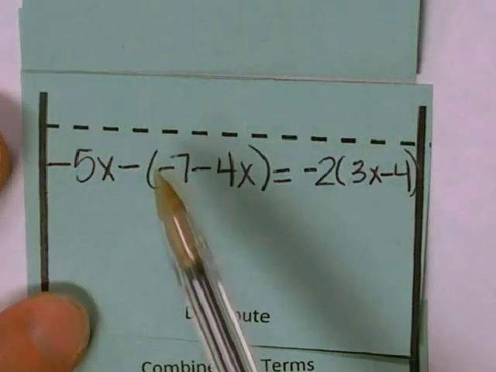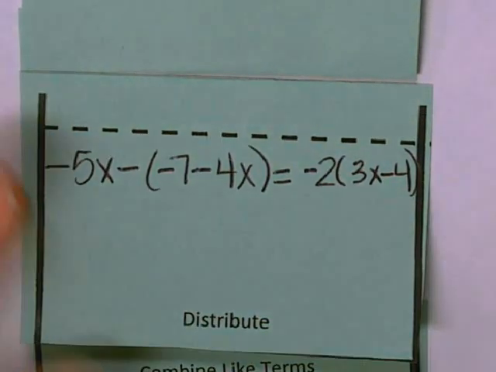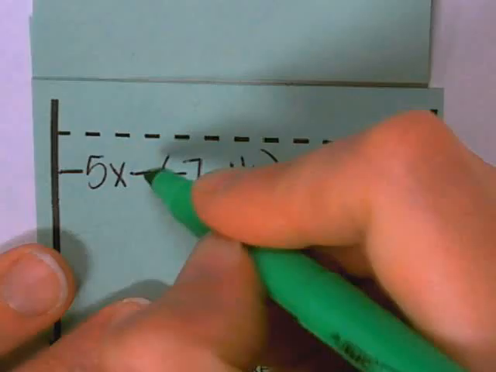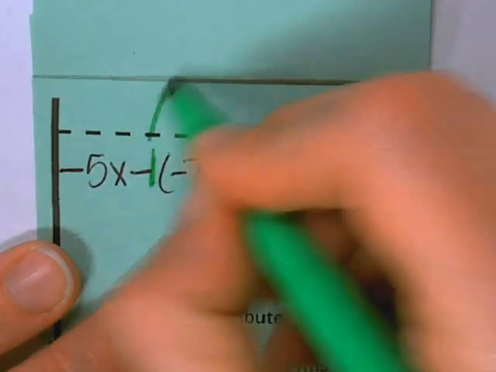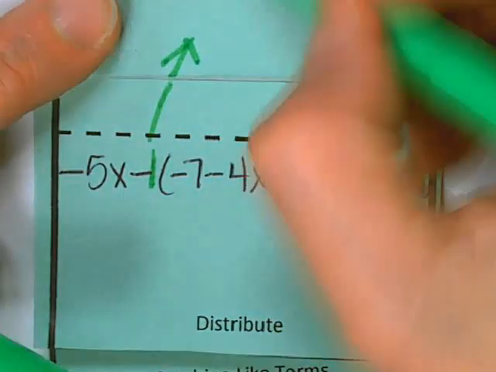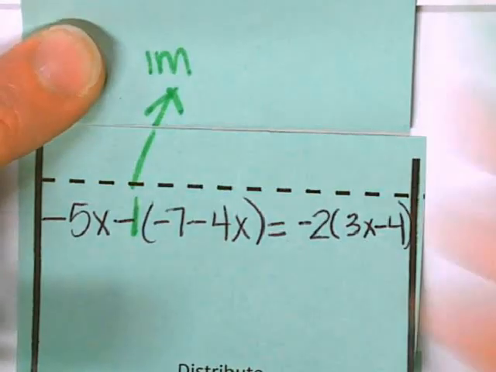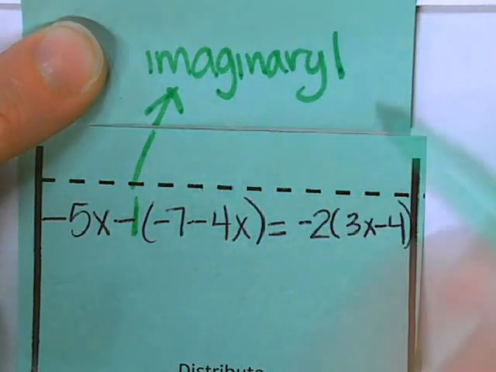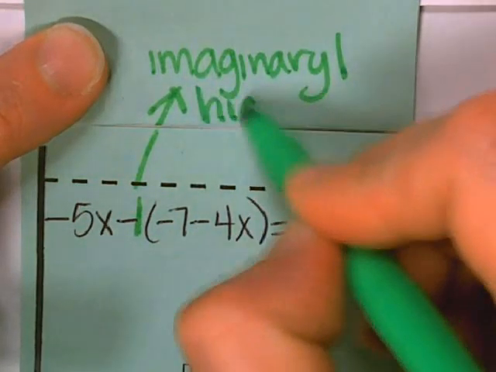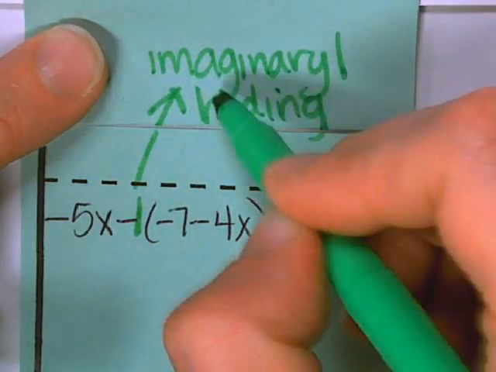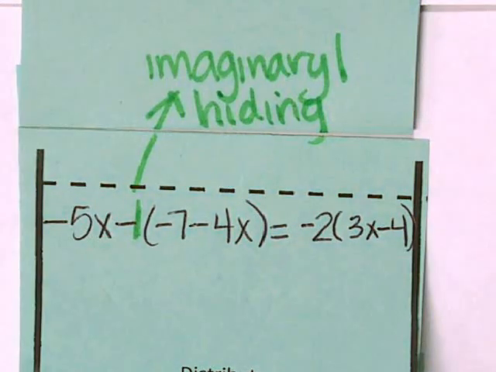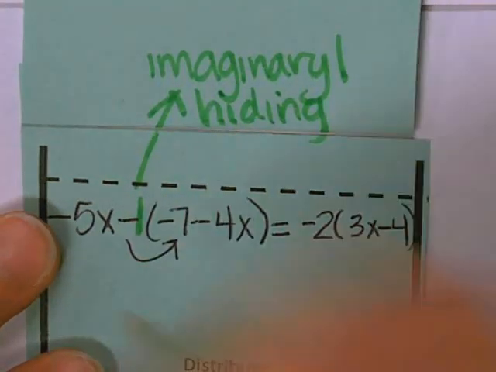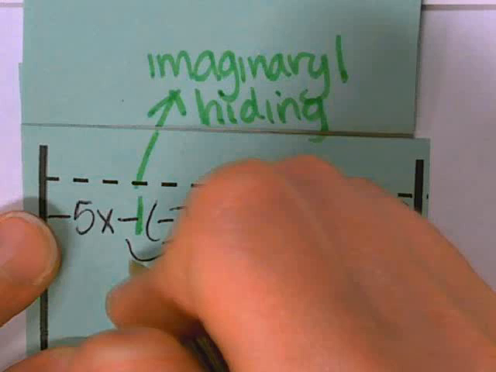So we're going to distribute. There's parentheses here, so remember there is an imaginary 1 hiding in here. There's a 1 right here in front of it. So we're going to say negative 1 times negative 7 is positive 7.